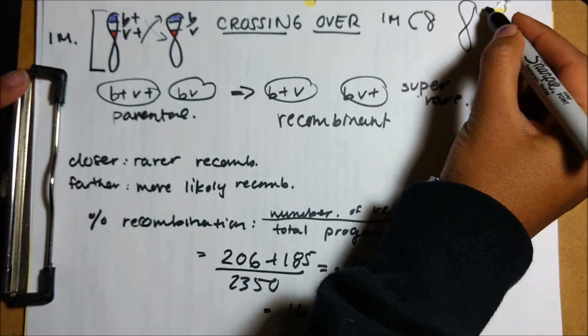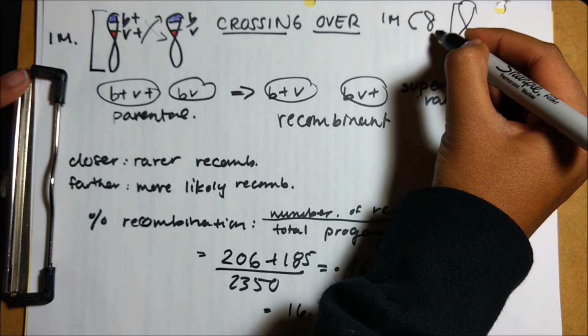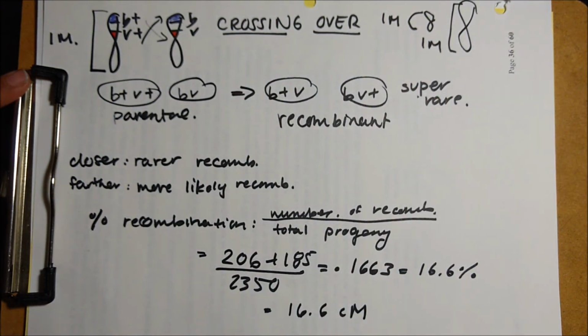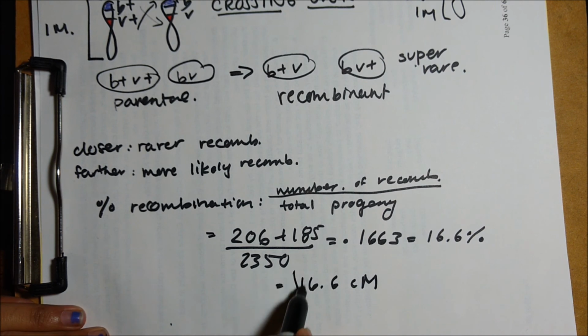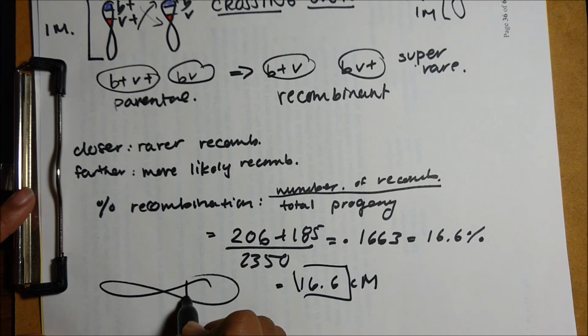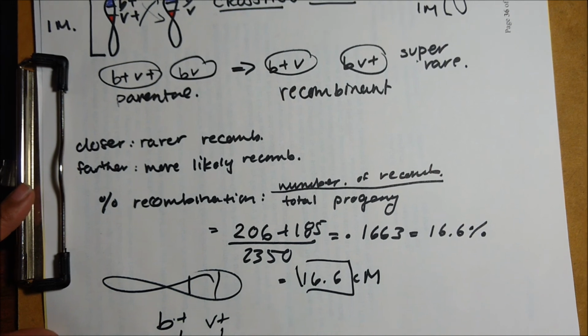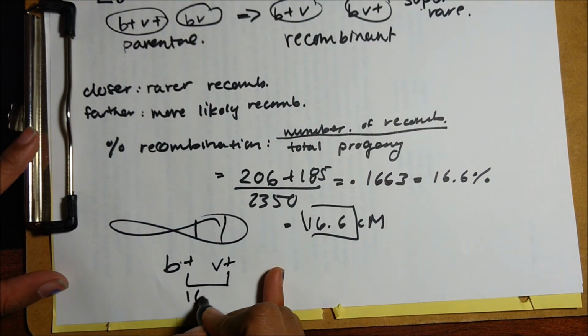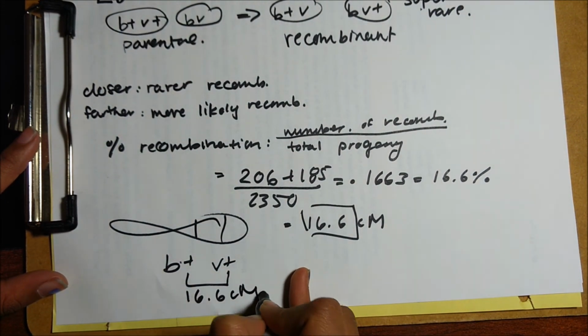If I have a larger chromosome here, this again would still be 1 Morgan. And this is how you find the distance between two genes so that you can draw a gene map. B plus, V plus, and the distance between these two is 16.6 centimorgans.